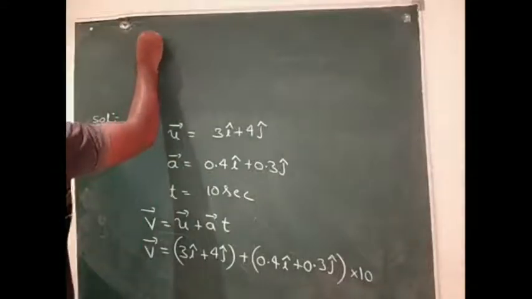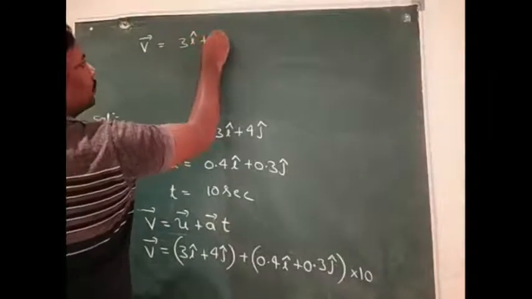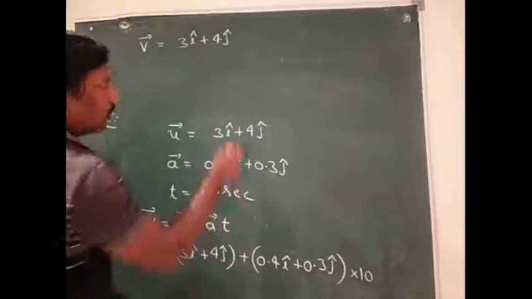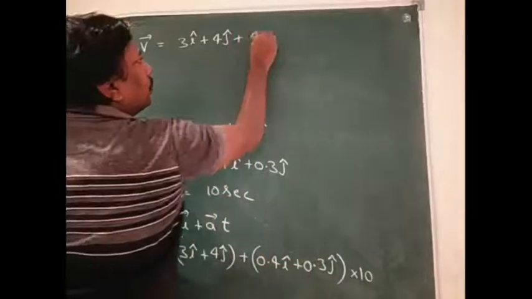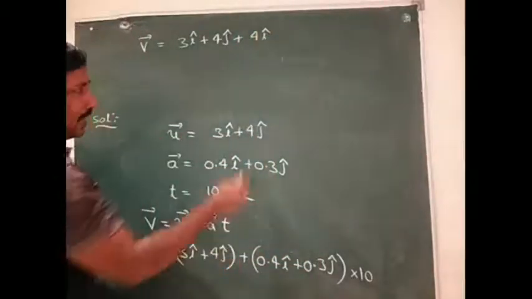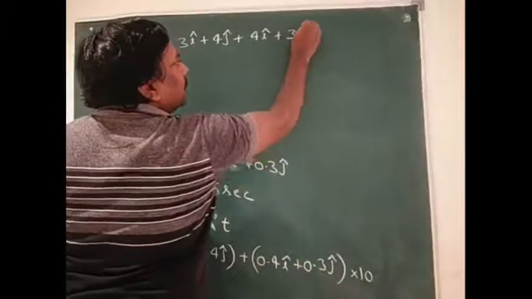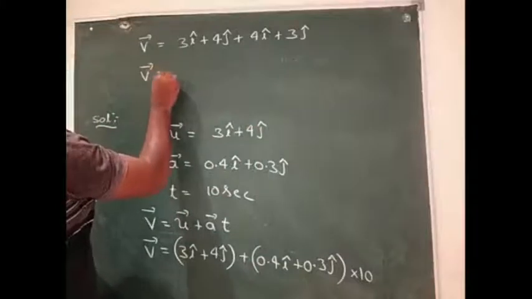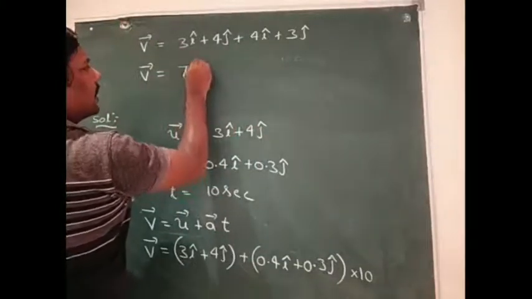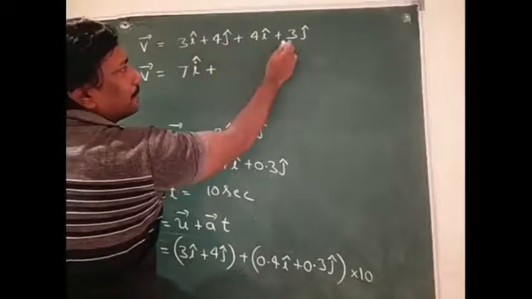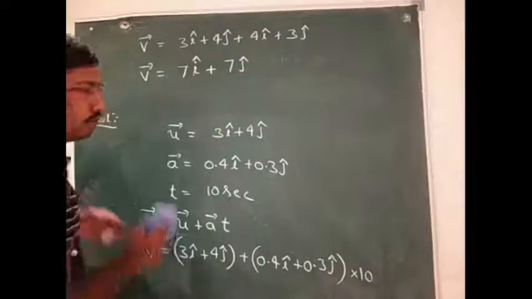Here v bar is equal to 3i cap plus 4j cap plus 0.4 into 10, that is 4i cap, plus 0.3 into 10, 3j cap. Therefore v bar equals 3i cap plus 4i cap, 7i cap, plus 4j cap plus 3j cap, 7j cap.